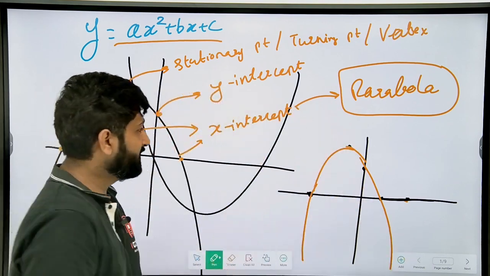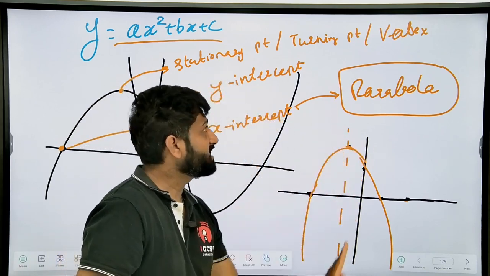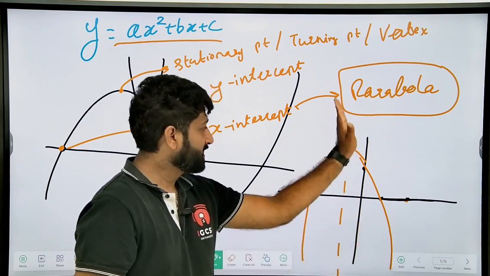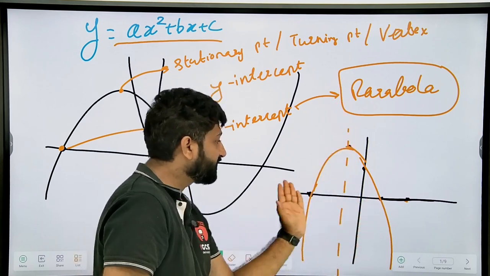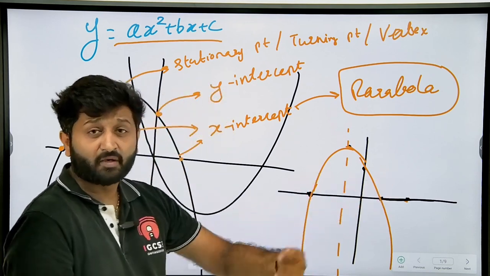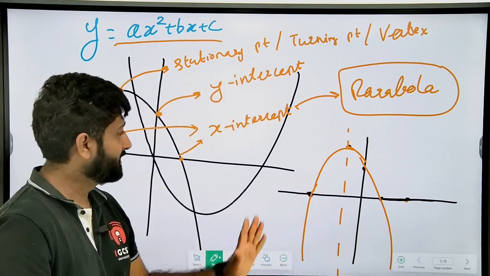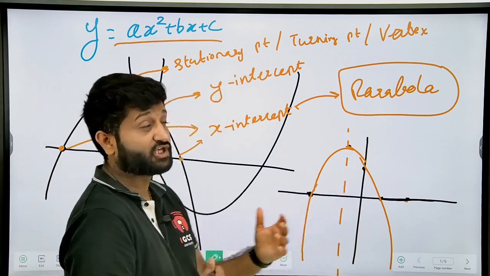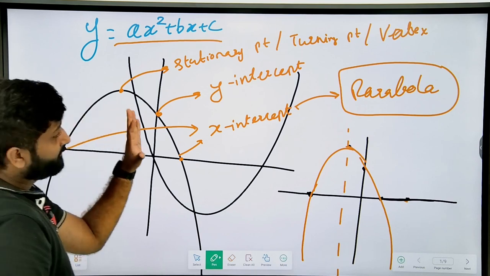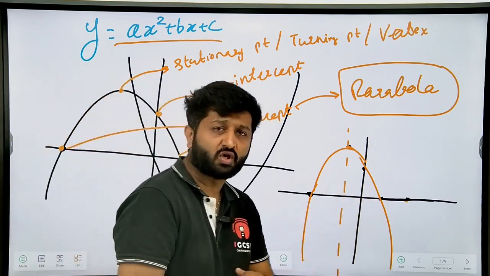You need to remember that this is the line of symmetry as well, so the graph would be symmetric across these two halves. The graph would be equally divided into two halves from the turning point, or the vertex. The graph is symmetric in nature, right? Now, for this kind of questions, we would solve some of the questions.